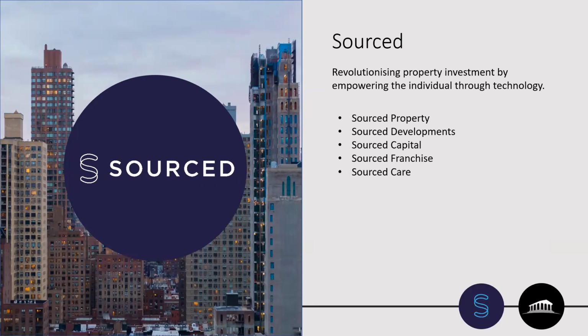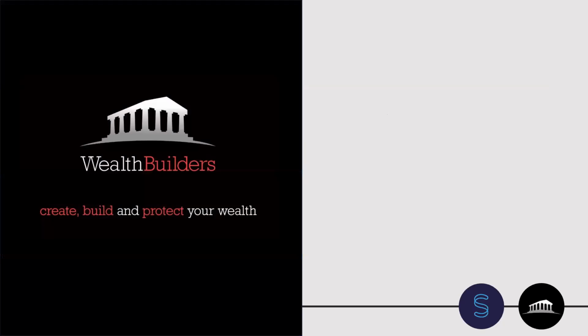We have Source Franchise. We've got this fantastic network of franchisees across the UK, identifying investment properties, working with investors, and building and creating their own wealth as well. We've got Source Care as well, identifying properties in the care sector. So for anybody that's new, a little bit of an overview of who we are.